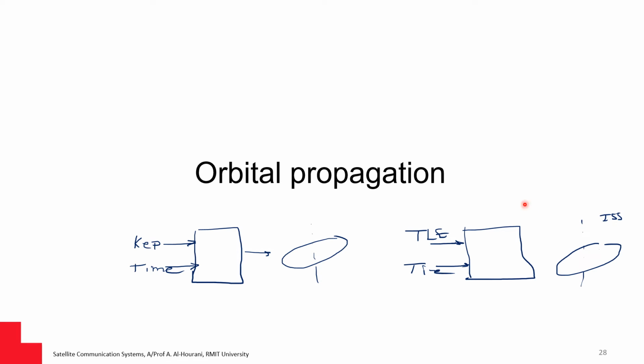In the upcoming couple of slides, we will dive deeper into how these two different orbital propagators work. This is a very simple propagator, the Keplerian propagator. We will also look at another propagator called the SGP4, but there are many other propagation methods that are out of the scope of this course.